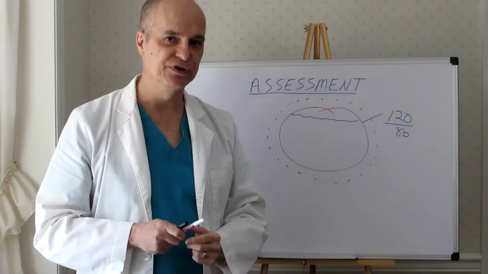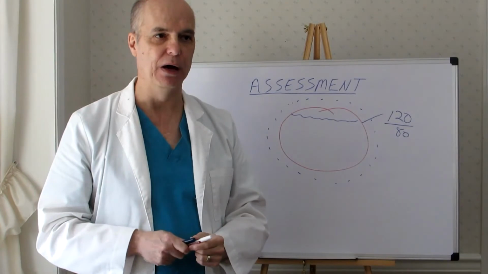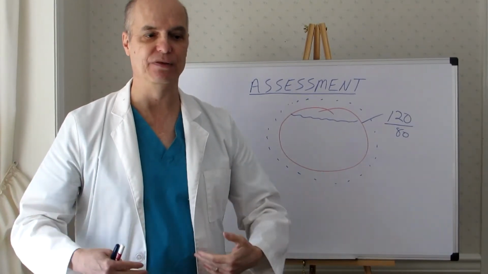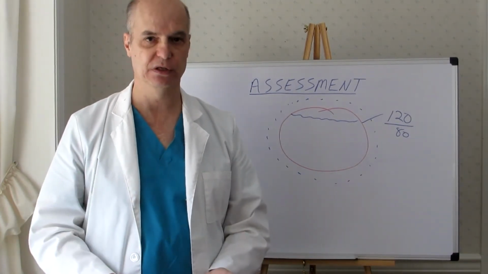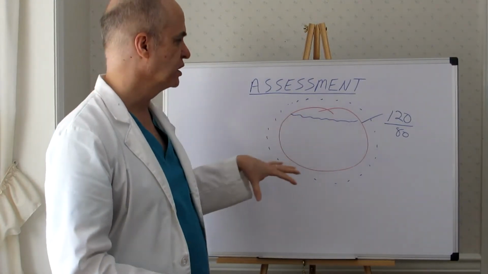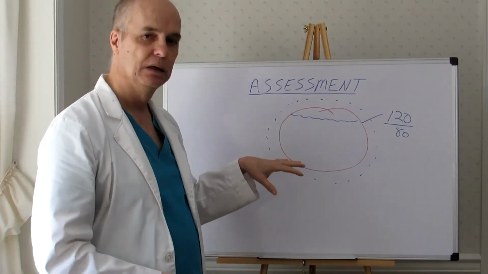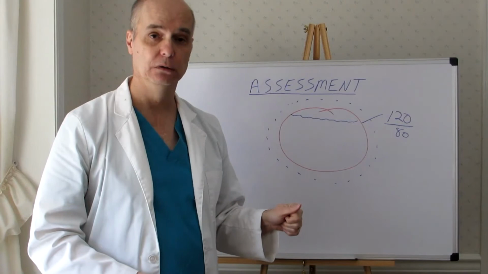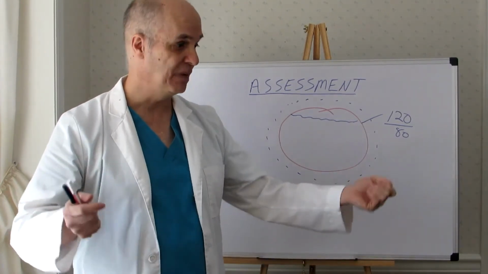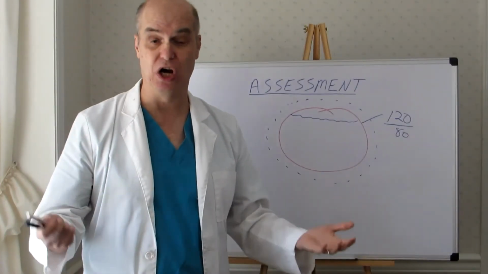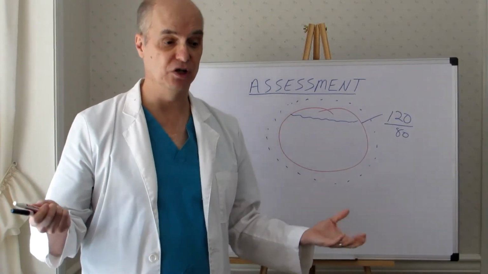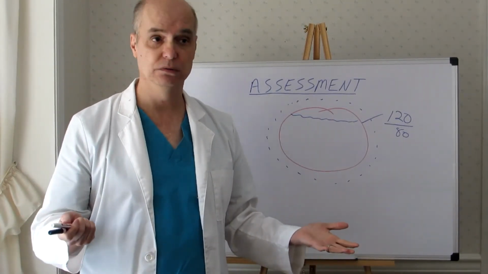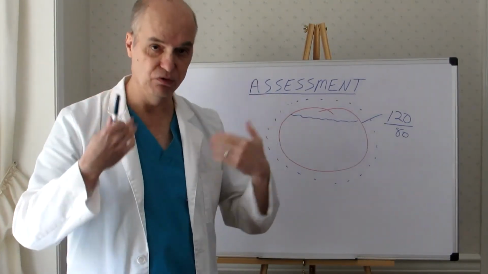So we know that chemicals, pharmacological agents, can affect the vasculature. But there's something else that oftentimes we don't think about that is very, very important. And again, this is all part of your assessment. So if I walk into the room and the patient's got a fever, they've got a high temp. Maybe I check their temperature and it's 102. Well, they're flushed, they're red.